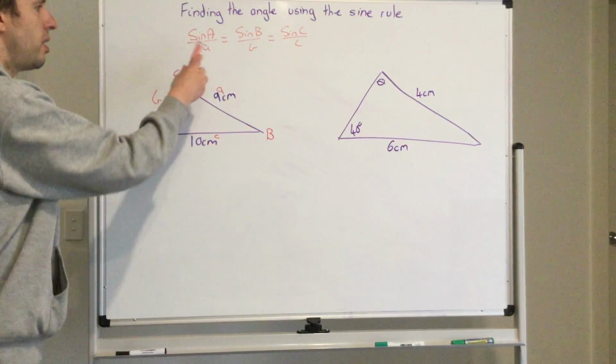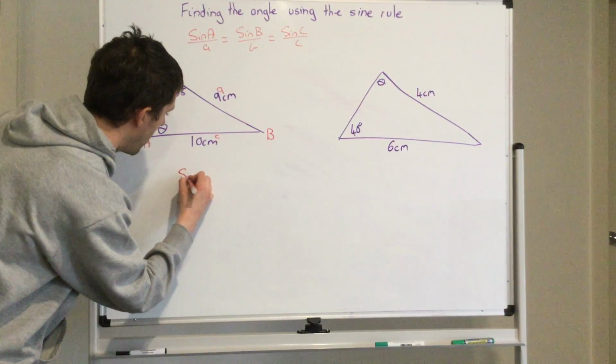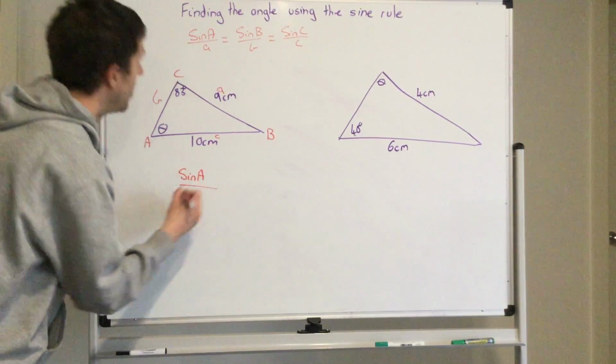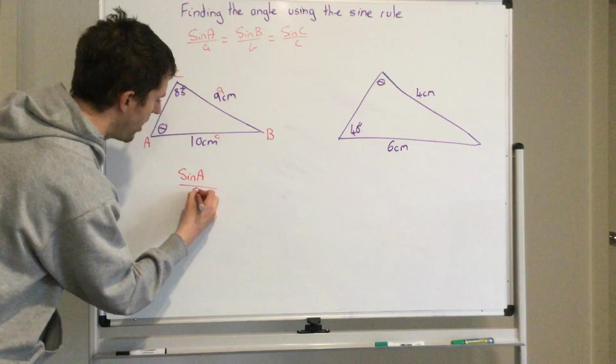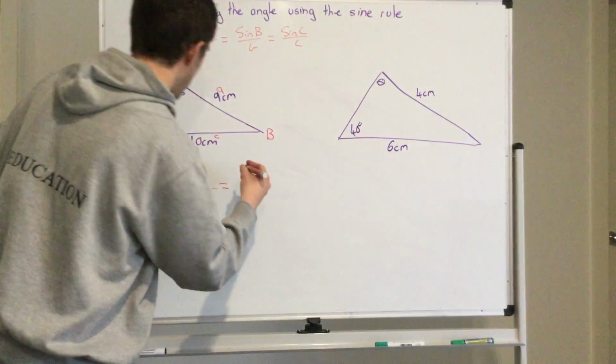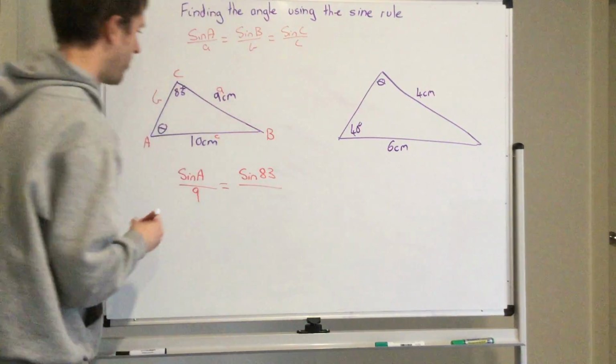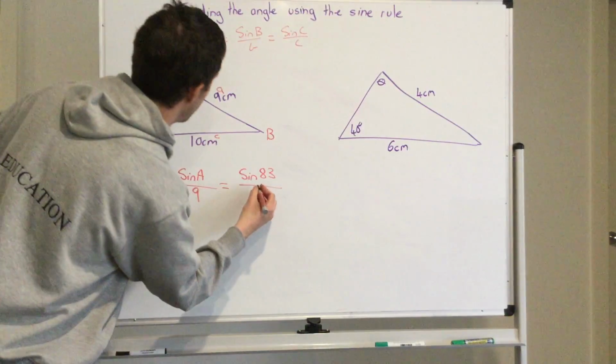So to start off, I know that I don't have sine A, so that is what I'm after. I do have my sine of 9, I've got sine 83, and I know c is 10.